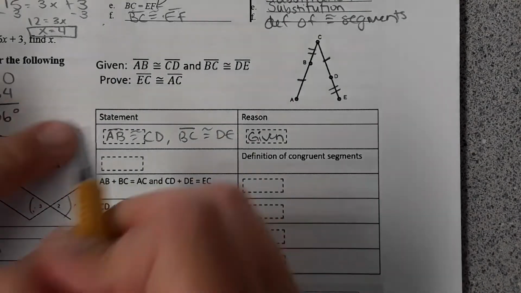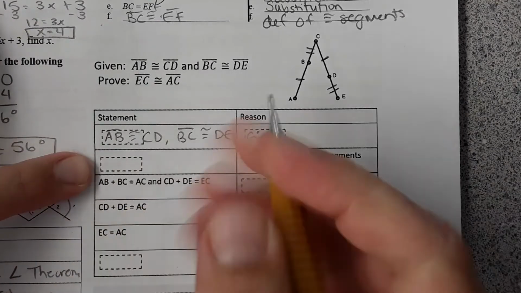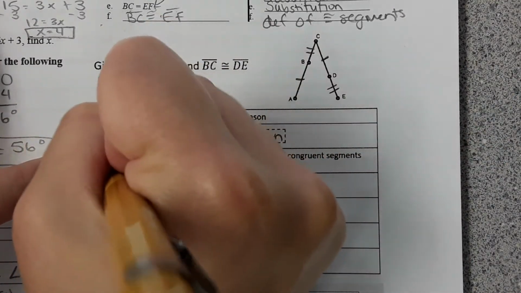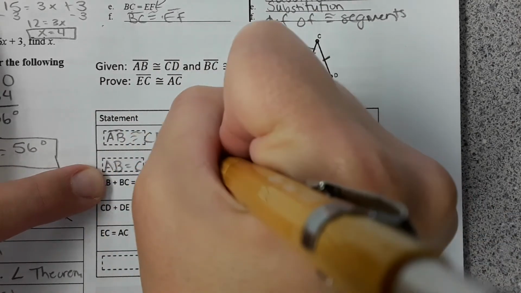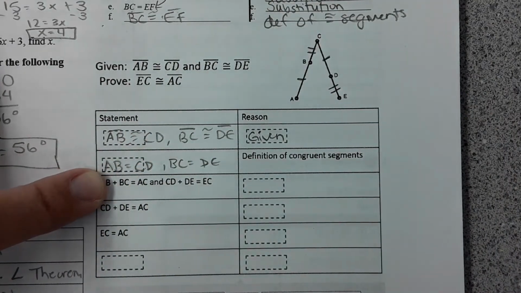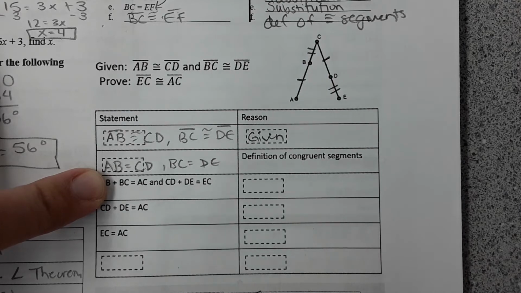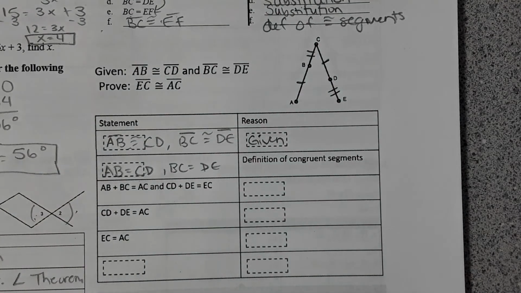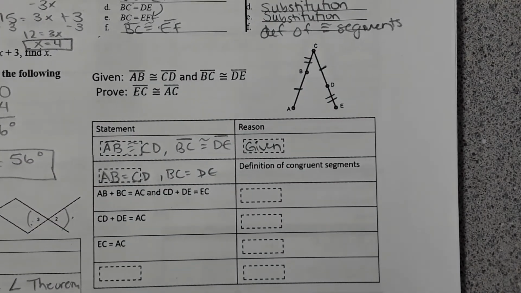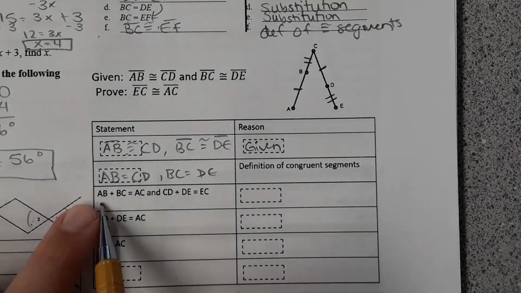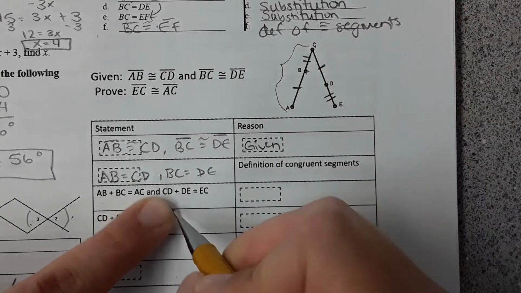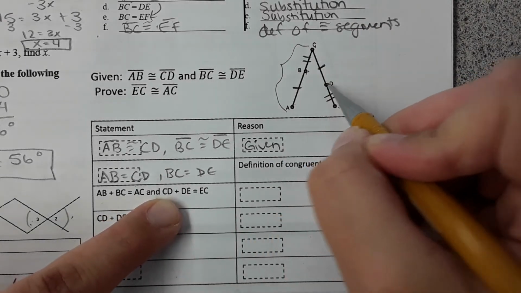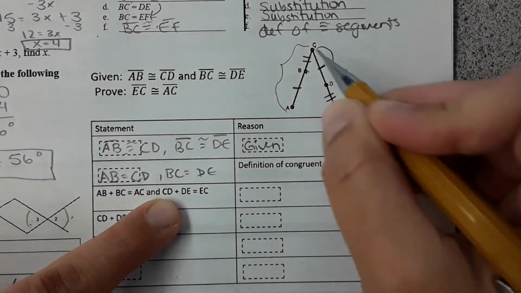Then from here, to go from a congruent statement to just the length equals each other, we're going to say AB equals CD and BC equals DE. So I'm crossing this out, crossing this out. Then here it says AB plus BC equals AC, and CD plus DE equals this entire length.